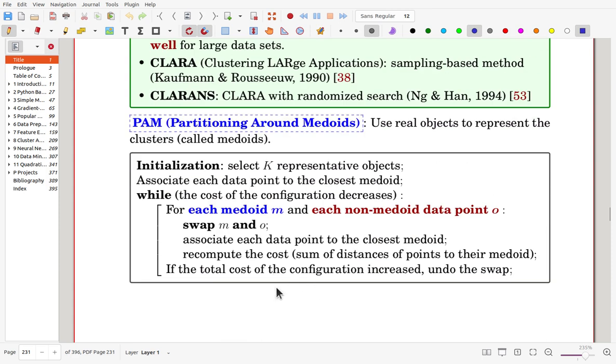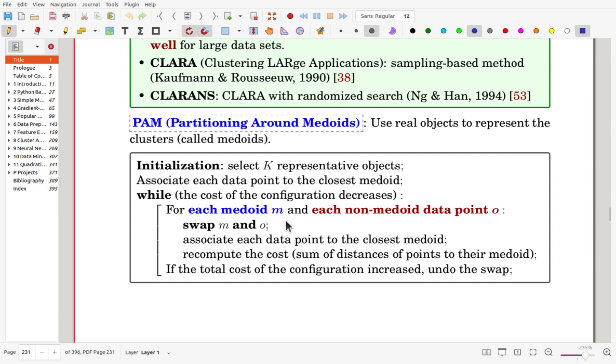Okay, here we look at the original PAM, partitioning around the Medoids. Start with initialization: K representative objects, they are Medoids, and associate each data point to the closest Medoid. So now clusters will be formed. And now, while the cost of the configuration decreases, we continue this iteration.